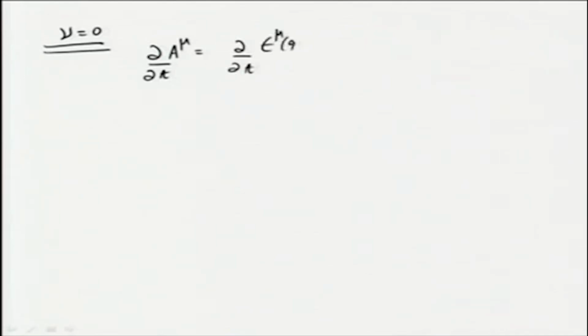So, now let us take case by case. nu equal to 0, which is dou by dou t of A mu, which is equal to dou by dou t of epsilon mu q e power minus I q 0 t, the rest of it is the 3-momentum dot product with the 3-coordinate x vector.